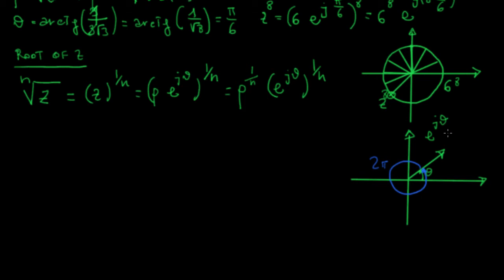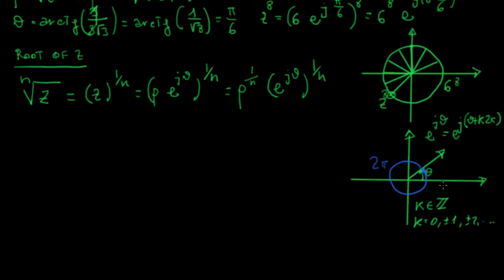So e to the j theta is completely the same as e raised to j theta plus k times 2 pi, where k is a relative integer. That is to say that k could be 0, plus or minus 1, plus or minus 2, and so on.